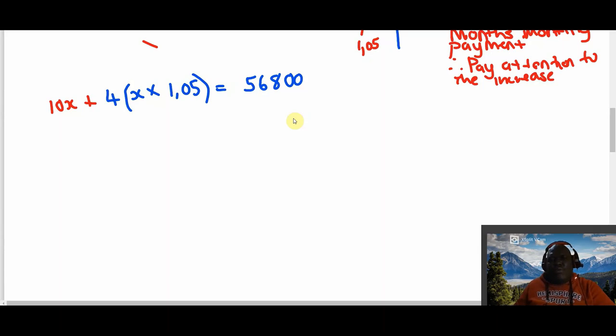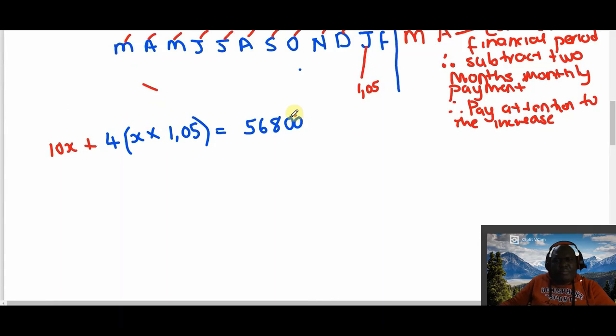I don't know if I'm making sense. So now you want to find how much was paid before the increase was taken into consideration.